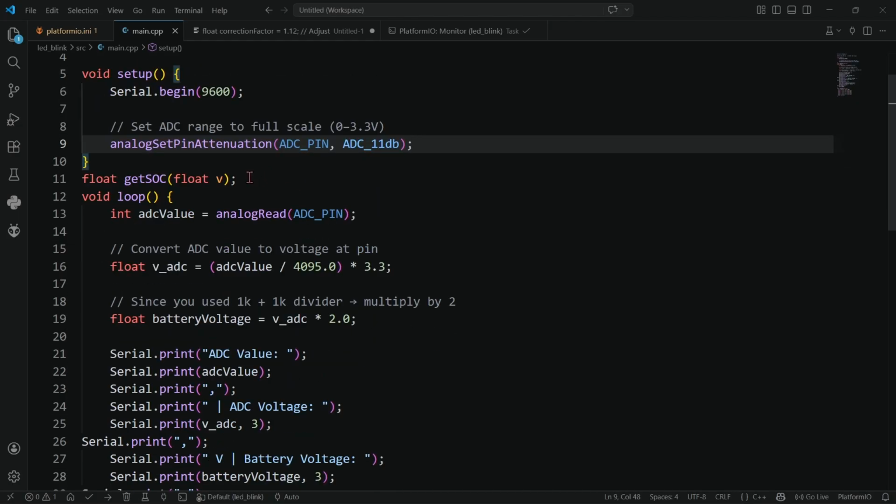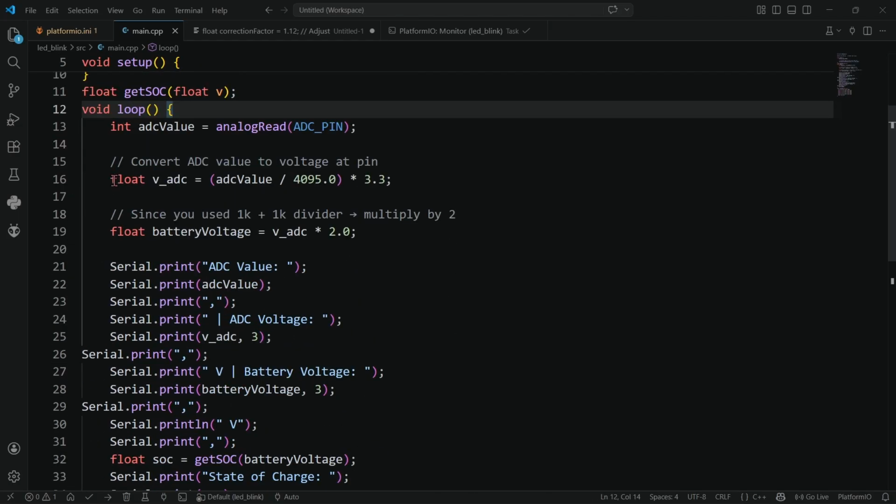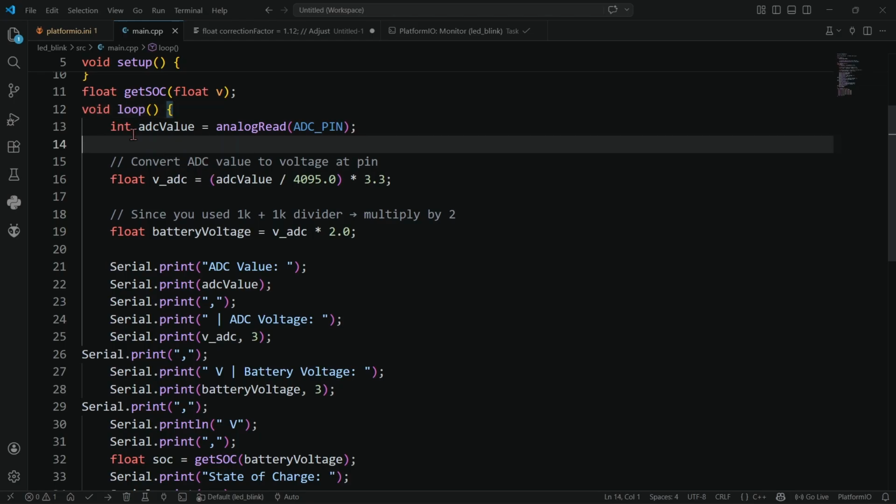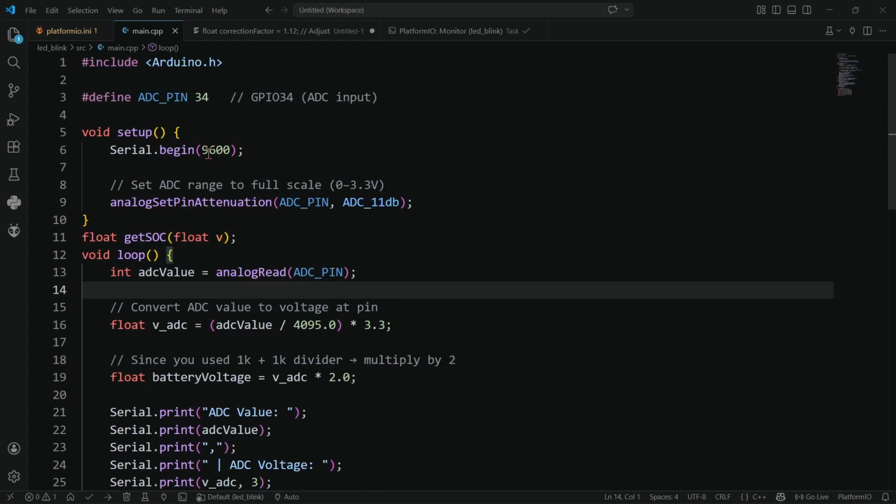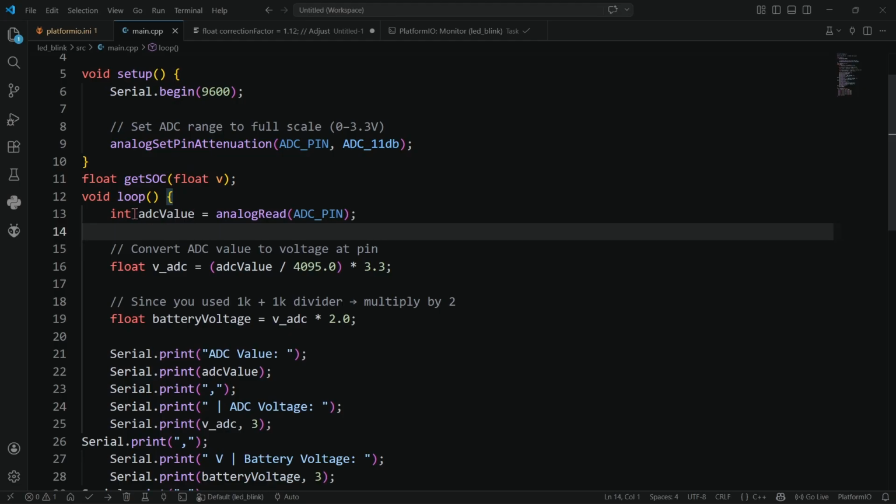Okay, and here this is the function declaration, and this is the function void loop. Here anything we write continuously repeats in a loop. So we are storing the ADC value which we are getting from the pin 34 into this variable.